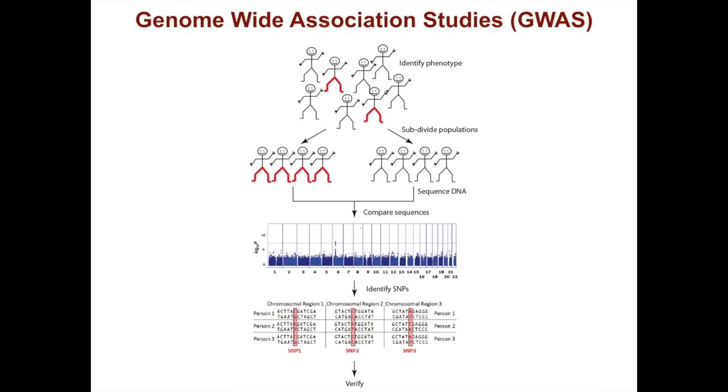And what you hope to do is identify SNPs, which are single nucleotide polymorphisms, and these become linked markers that can associate the genetic basis of the trait with a certain region of the chromosome. And of course, you have to do further analysis to verify which gene in that part of the chromosome may be causing the phenotype that you're interested in.